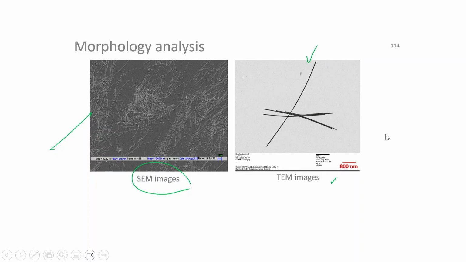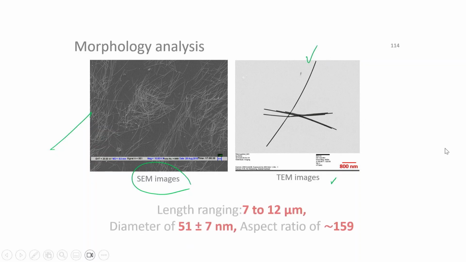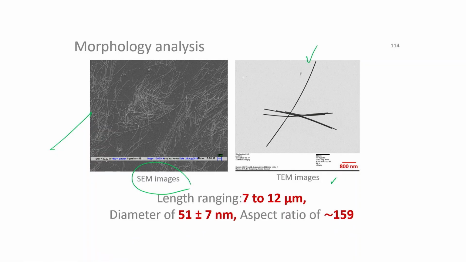Now, here the length of the fiber ranges from 7 to 12 micron and the diameter is typically around 51 nanometer, 51 plus minus 7 nanometer, within that range, with a very good aspect ratio of 159.